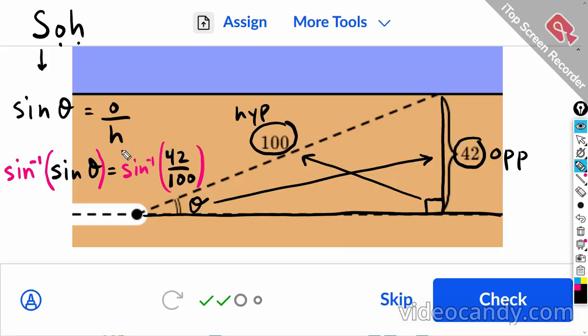Okay, maybe you can't see that. You have to do inverse sine of 42 over 100. On the left, sine and inverse sine cancel. You're left with the angle theta, inverse sine of 42 over 100. Let's go to the calculator. Make sure you're in degrees. It's basically inverse sine of 0.42.